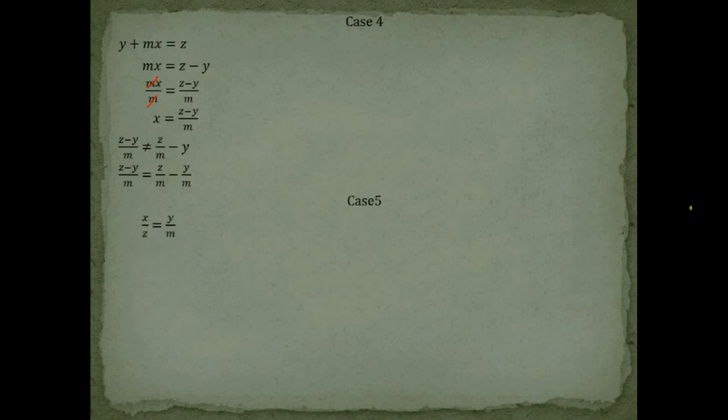Now, case 5 is when you have two equations being equated to each other.